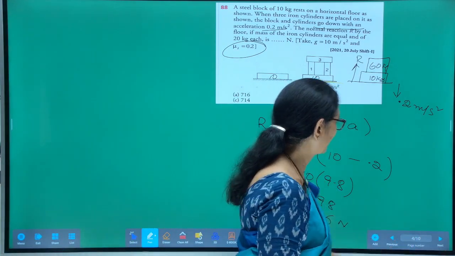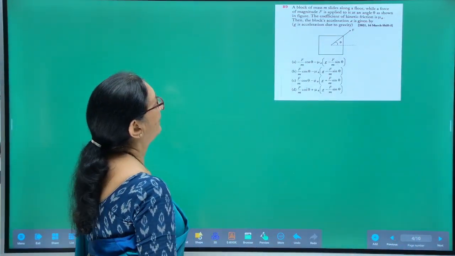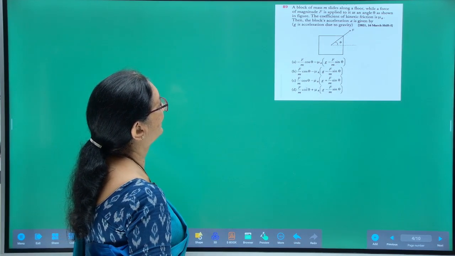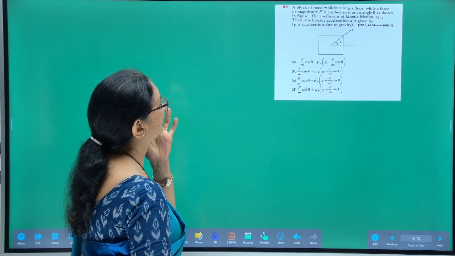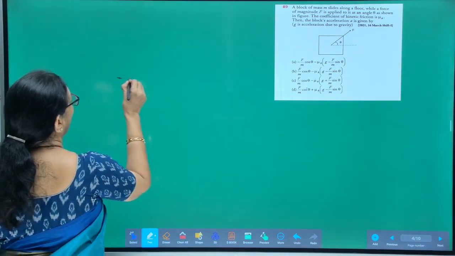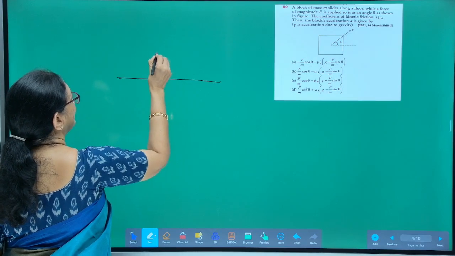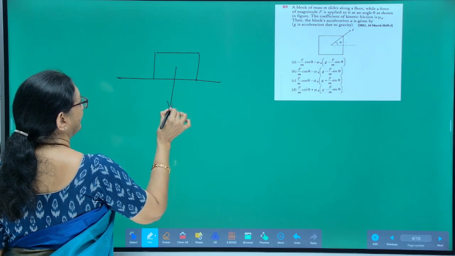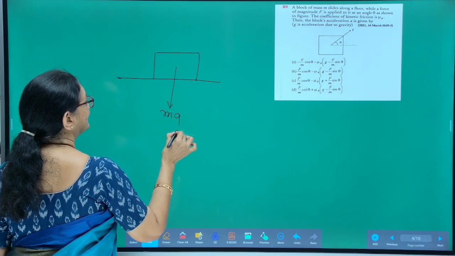Now, next problem. Look here, a block of mass m slides along the floor when the force F is applied at an angle theta, coefficient of friction is mu k. What is the acceleration? Look, here this is a block placed on a rough horizontal surface. Weight mg acts downwards.